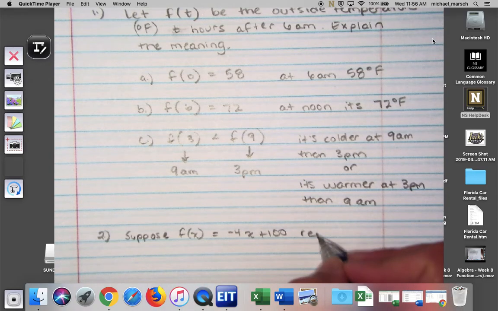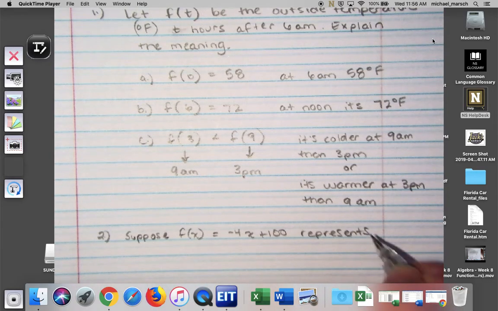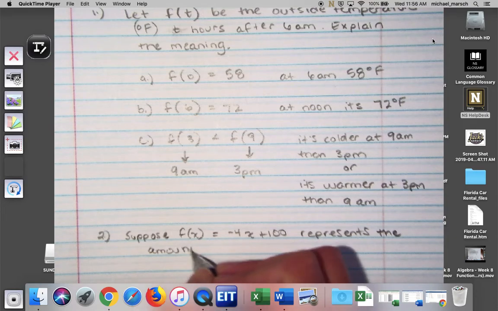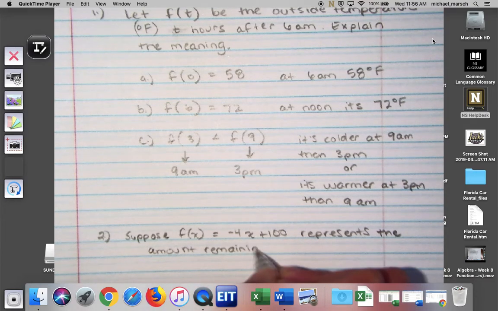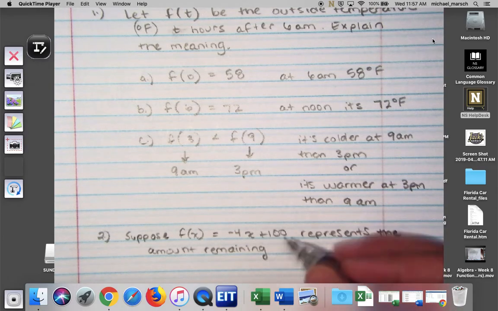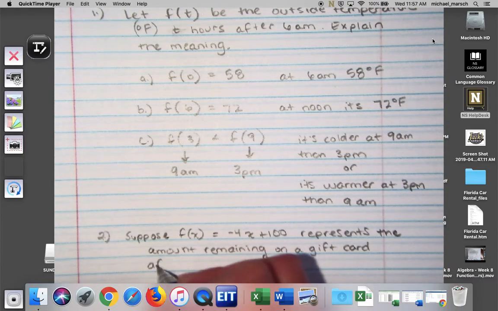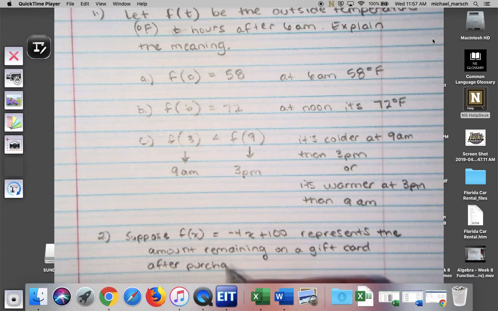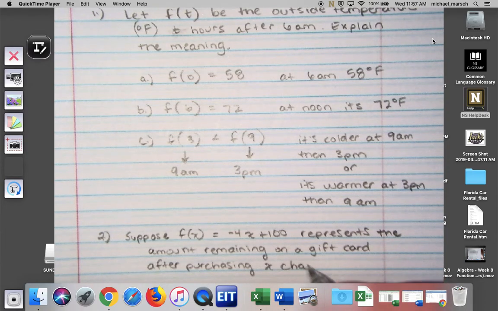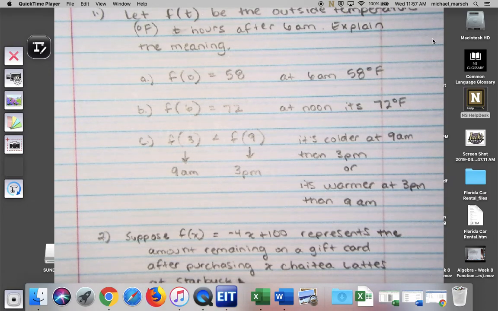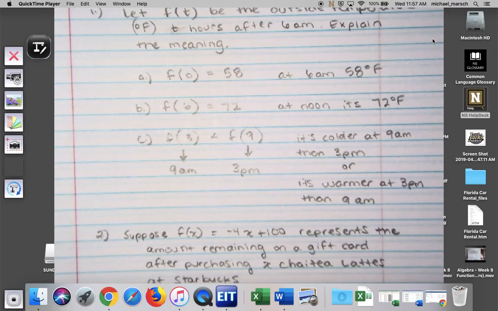Suppose that function represents the amount remaining on a gift card after purchasing x chai tea lattes at Starbucks. So that's going to be our scenario for this one.